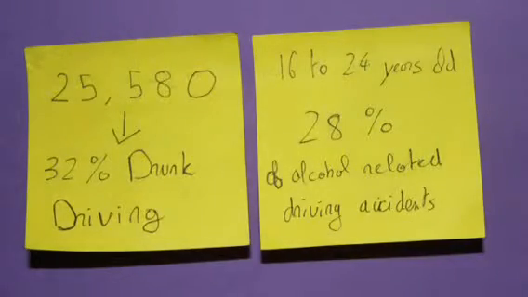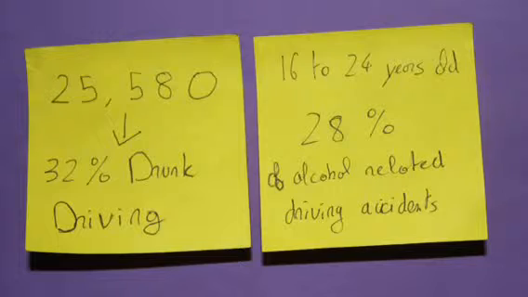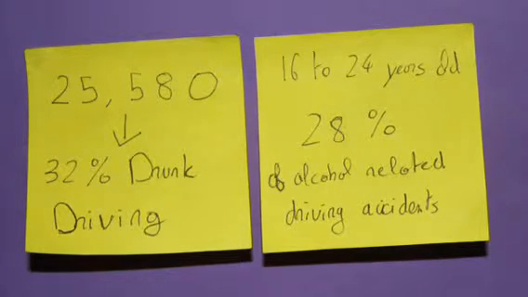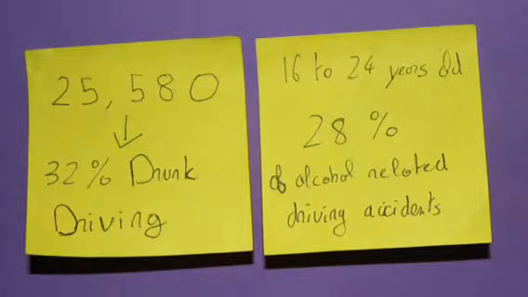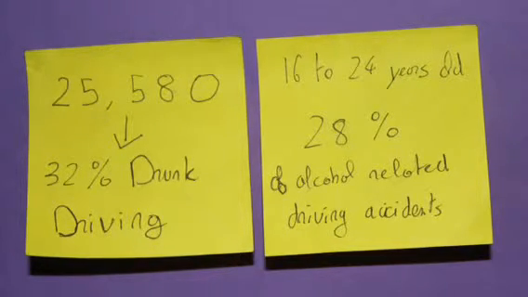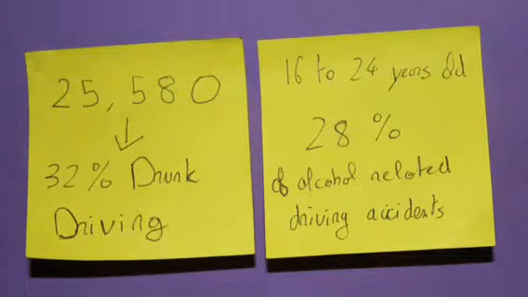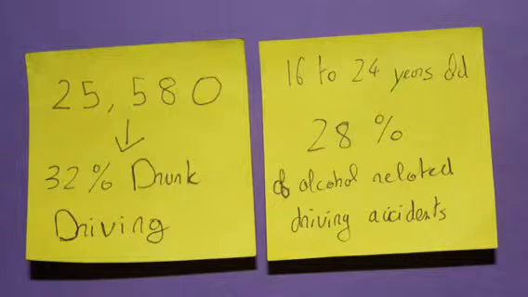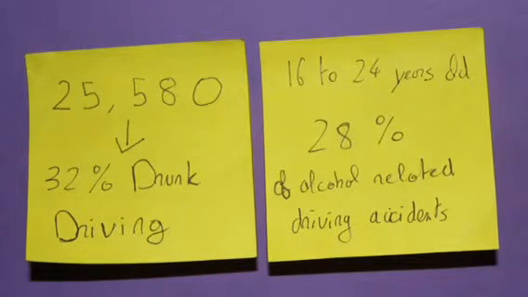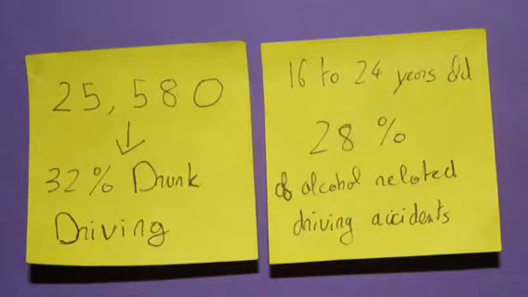In 2012, 25,580 people died due to car accidents in the whole world. 32% of these accidents were caused by alcohol and drink driving. 16 to 24-year-olds were responsible for 35% of alcohol-related accidents in the USA in 2012, when they only represent 14% of the population. These shocking figures prove the deadly effect alcohol can have on society.